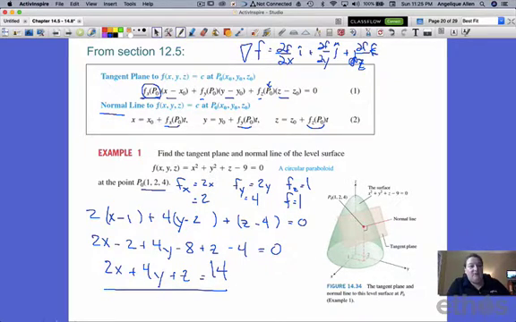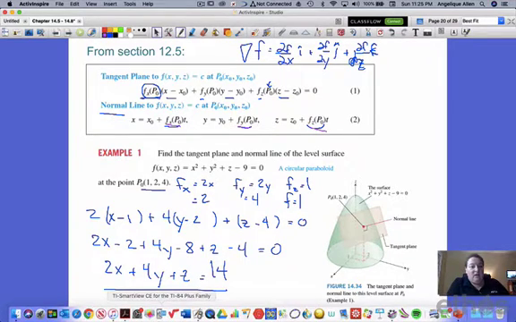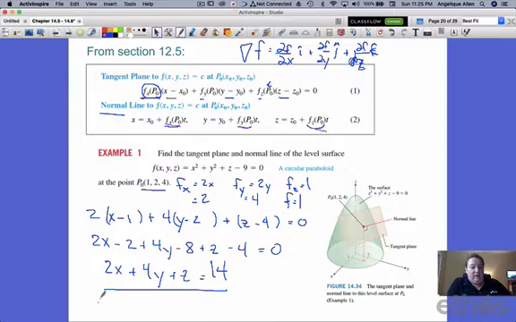All right. Now, to write out the normal line, no more calculation is needed because we have each of our partial derivatives evaluated at P naught already. So if I can write on the bottom here, x is going to be x naught, which is 1, plus f sub x evaluated at P naught times our parameter.